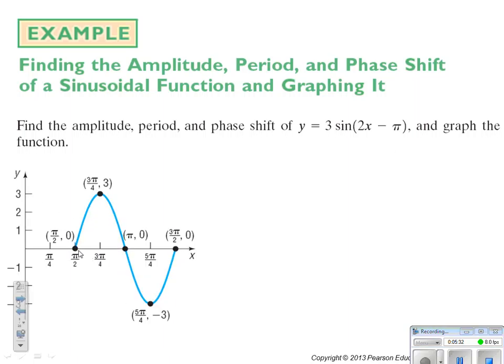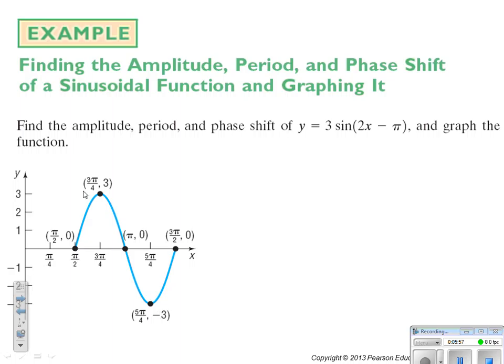So you start at phi over omega, which is pi over 2, and your period is 2 pi over omega, which is 2 pi over 2, or pi. So pi over 2 plus pi is 3 pi over 2. So your sine wave is going to cycle from pi over 2 to 3 pi over 2.